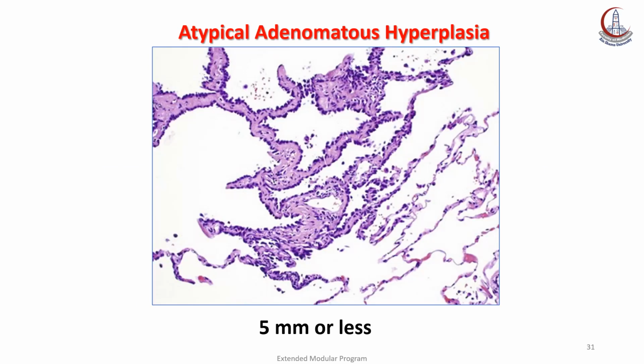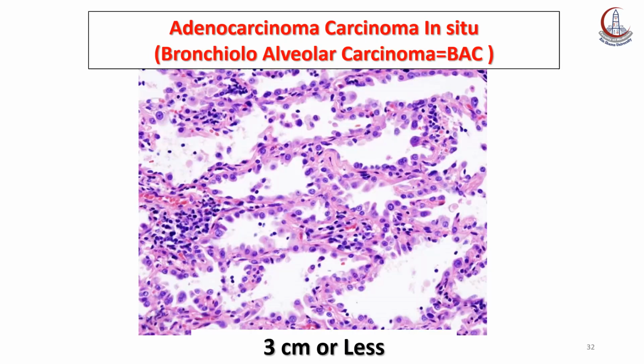This is an example of atypical adenomatous hyperplasia, about 5 millimeter or less, progressed to adenocarcinoma in situ. Here we have the alveoli lined by malignant epithelial cells.